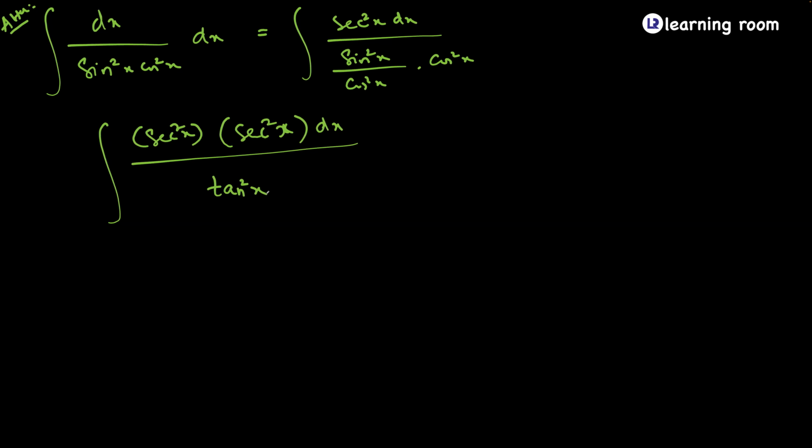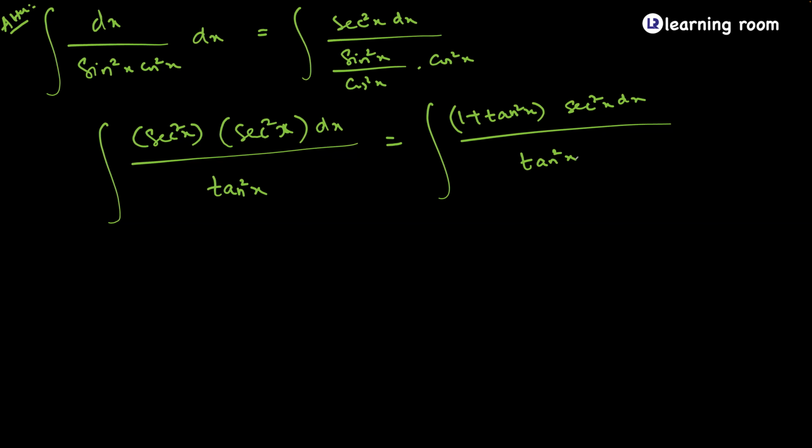Now what you will do is leave one secant square x as it is, because when I substitute tan x as t, I need that secant square x. So the other secant square, write it as 1 plus tan square x. So this will be 1 plus tan square x times secant square x dx, the whole divided by tan square x.